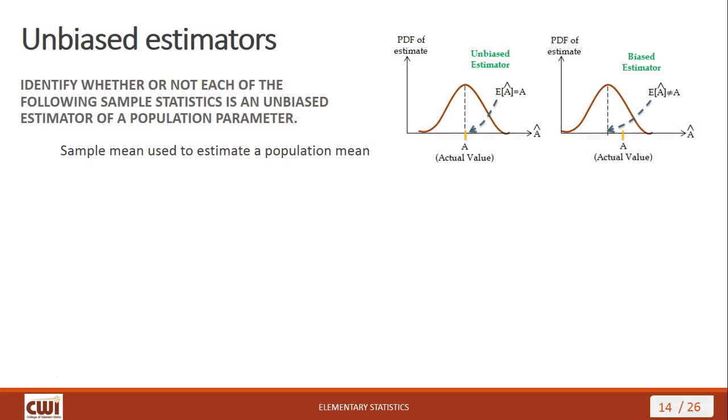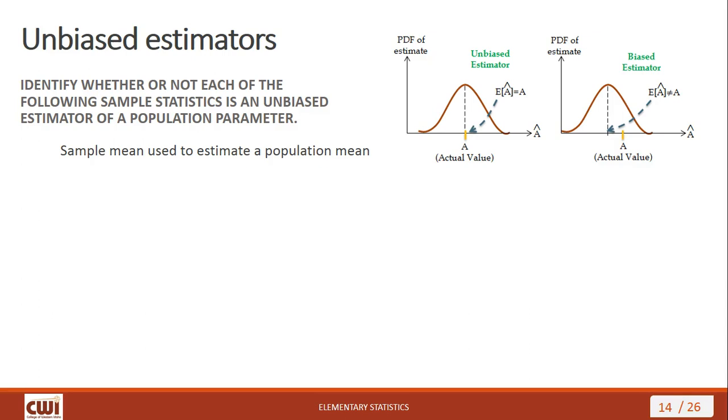Let's take a look at estimators that are unbiased. For each of the following sample statistics, identify whether we have an unbiased estimator of a population parameter. The first example we have is sample mean used to estimate a population mean. Does this sample statistic target well its population parameter?